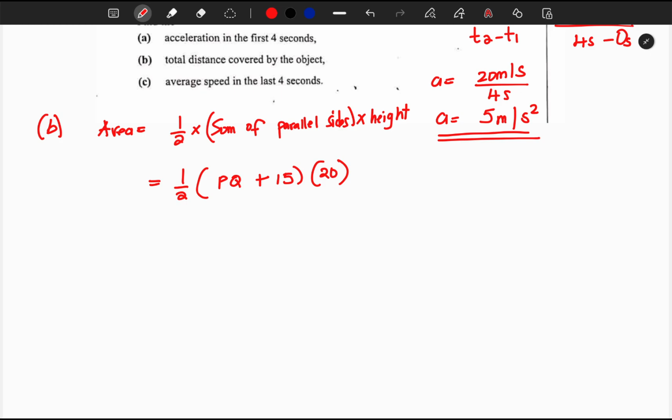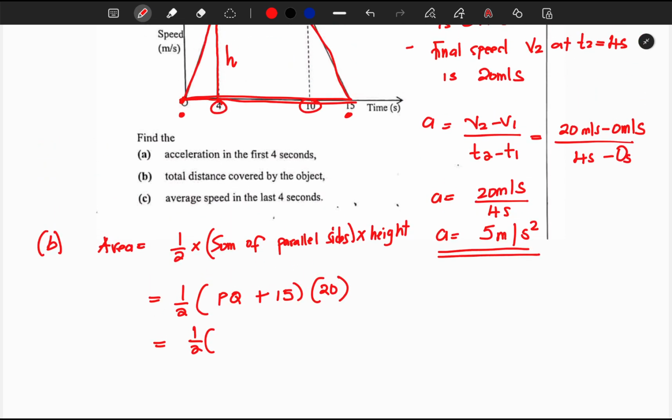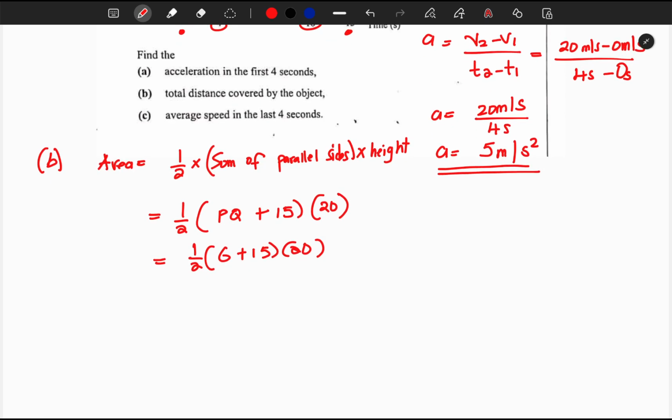Clear, right? So this gives us 1 over 2. PQ is the length between 4 and 10. Subtracting 10 and 4, you get 6, plus 15 is 21, times 20. Half of 20 is 10, and 10 times 21 is 210 meters. So this is the distance covered by the object.